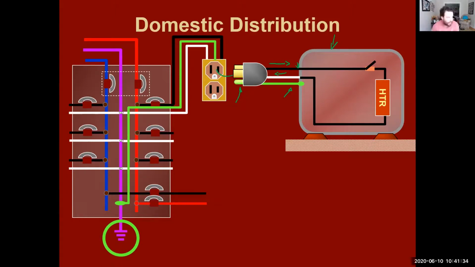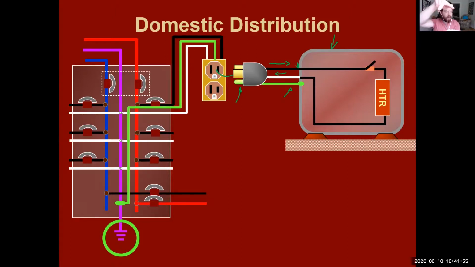Here it is right here. This bare copper wire right here, that is your grounding wire. All right. And this is what's your emergency. This is what that third eye is for.